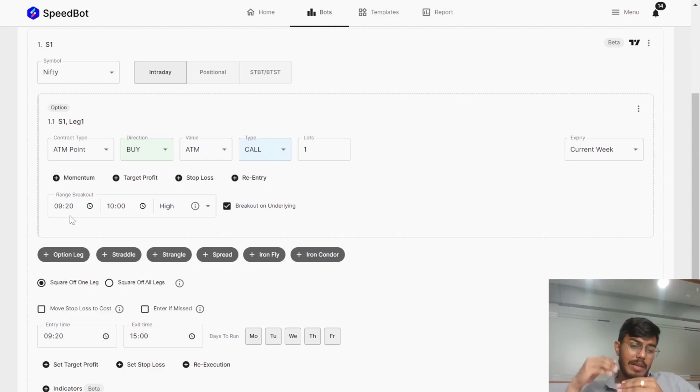So from 920 till 10, the highest point, whenever that particular highest point breaks after 10 o'clock, then we'll be entering into a bullish position. This basically means that I am buying a call option contract whenever there is a good breakout, that is, the breakout has sustained. So in that case, with good momentum, good movement in the market, that's how you'll be able to have the range breakout bot created.